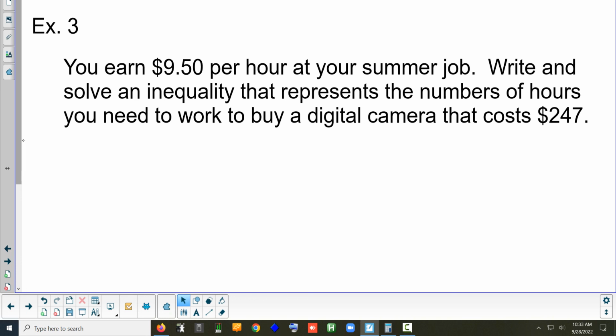Okay, so last question. It says that you earn $9.50 an hour at your summer job. Write an inequality that represents the number of hours you need to work to buy a camera that costs $247.